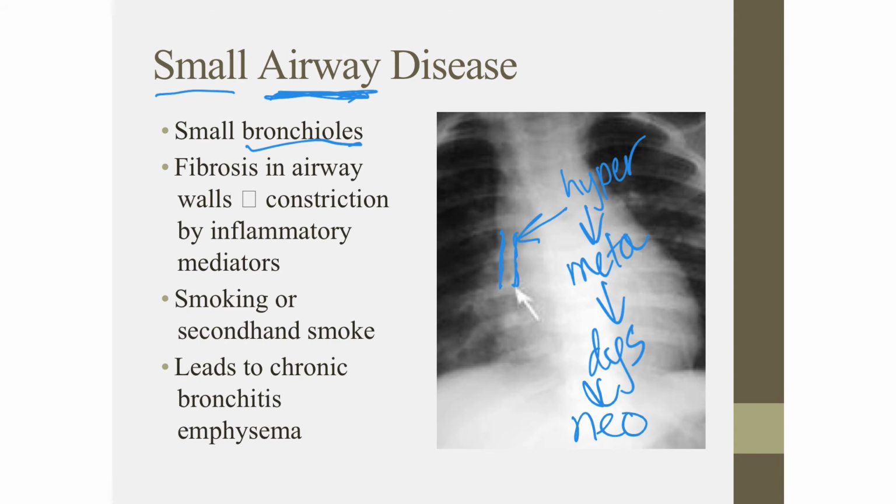So this is really the first step of that, where we're inhaling these abnormal things, these irritating substances like smoke, like tar, and that starts to thicken and make fibrous these bronchial walls.